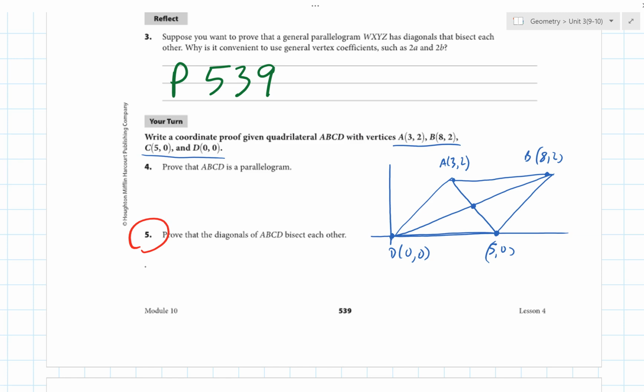And so the midpoint of diagonal AC is the average of the x coordinates, 3 plus 5 divided by 2, and the average of the y coordinates, 2 plus 0 divided by 2. So that is 8 over 2 is 4, and 2 over 2 is 1. So the midpoint of AC is at 4, 1.